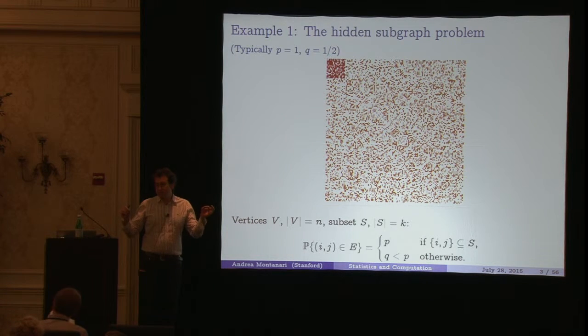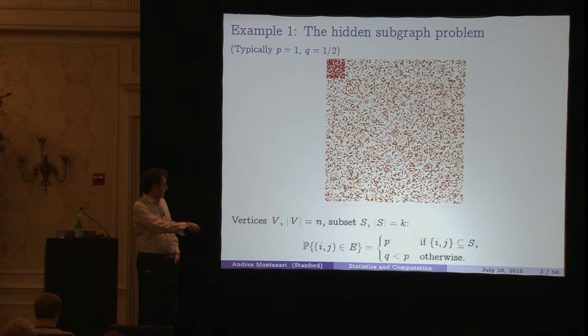I take n vertices. I connect any pair of vertices independently with some probability q. Then I select k out of those n vertices, and I connect those with probability p. So the edge probability is p if both vertices are in the special set S of size k, and q otherwise.